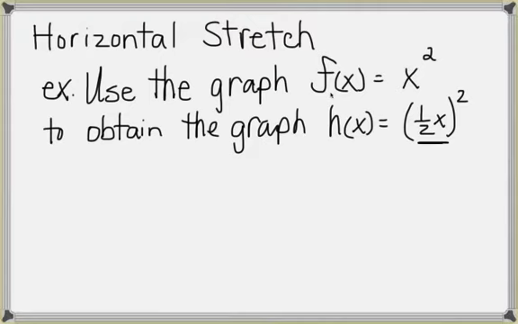So this indicates that I'm going to have a horizontal stretch. One, because the number is less than 1, and two, it's being multiplied to the x, not to the entire original function. So that being said, I know that I'm going to be dividing each x value by 1/2.